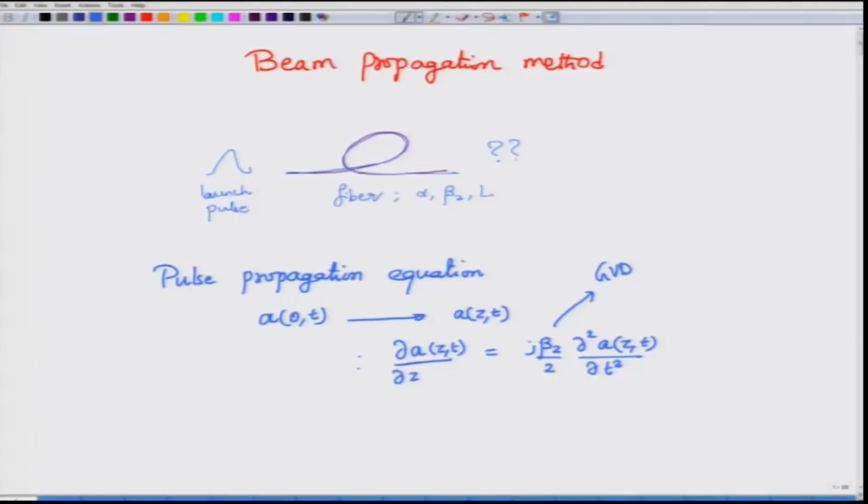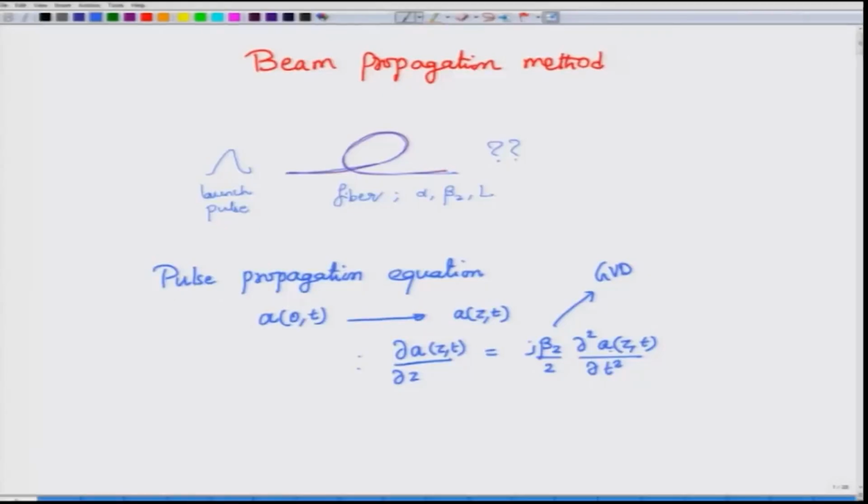It turns out that the equation is more or less fine, okay, except that we cannot solve it analytically for all arbitrary cases. Therefore, we will solve it numerically, because I can use a computer and solve this equation on a computer and then study different or arbitrary pulse shapes that are propagating in the fiber and what is the effect of dispersion on the fiber.